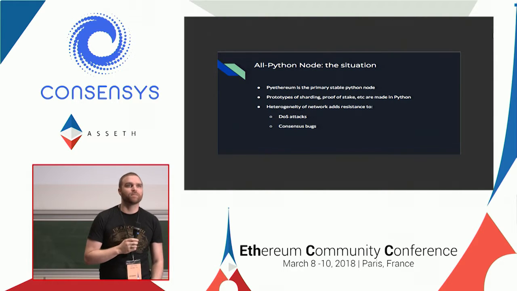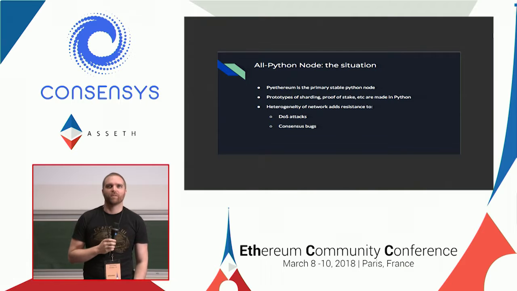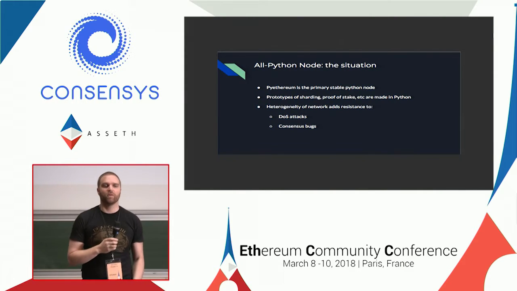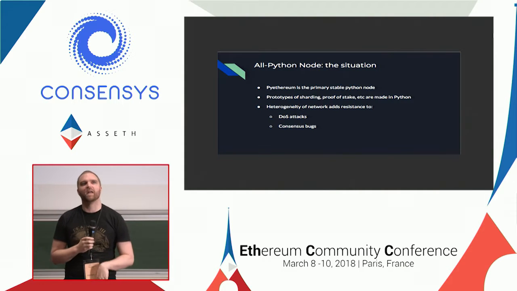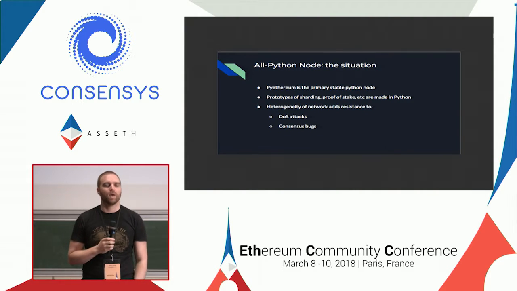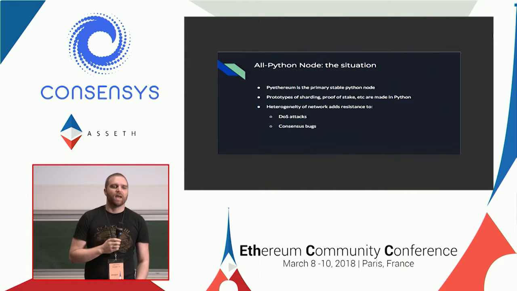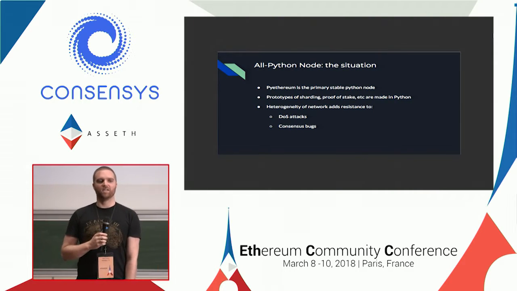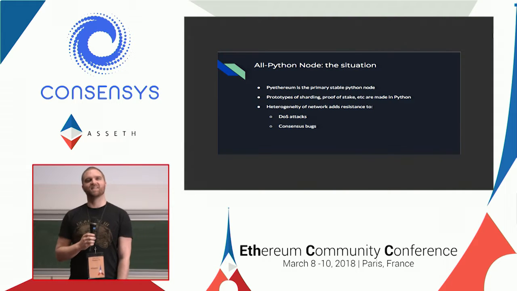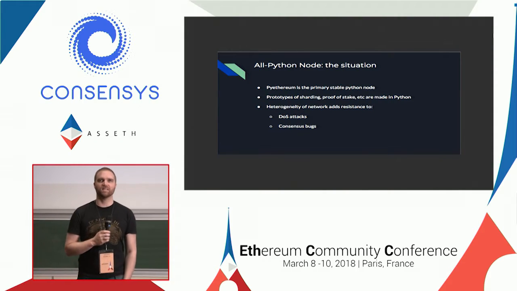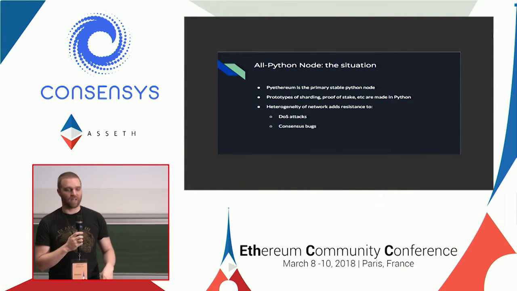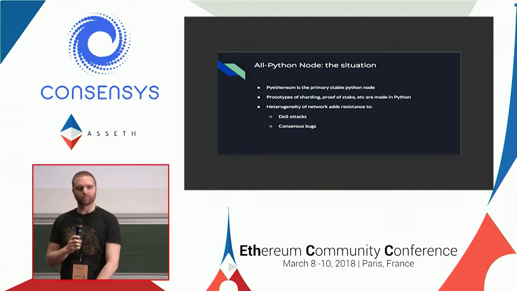The prototypes that the research group works on, whether it's sharding or proof of stake, are almost all in Python and often end up in the Py-EVM code base. Additionally, the network is generally more resistant to things like denial of service attacks and consensus bugs when there are more different kinds of nodes available.